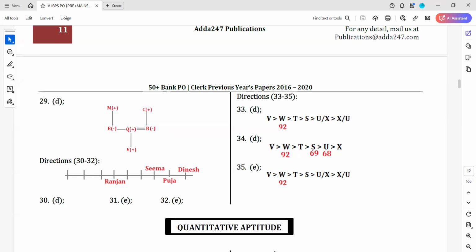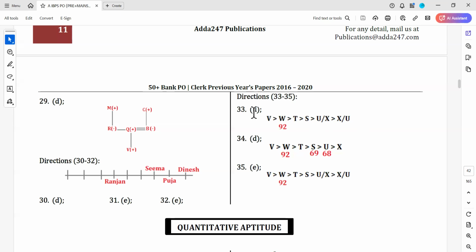T got less marks than W, who did not get the highest mark in the examination. Because there are only 6 people, S, U, X, the 3 people are there.